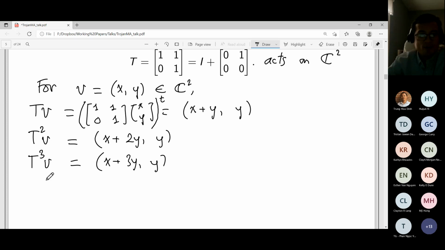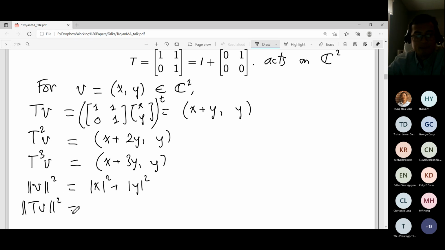If we compute the norm of all the vectors we have done so far, the norm squared and the length. So for V, it's going to be the absolute value of x squared plus the absolute value of y squared. And then for TV, we have the absolute value of x plus y squared plus the absolute value of y squared.